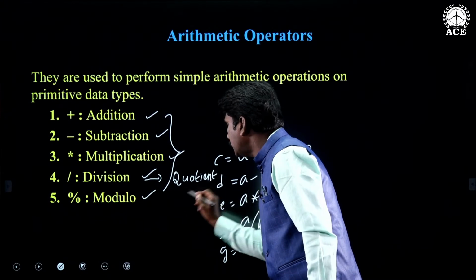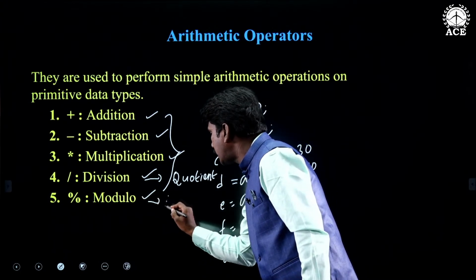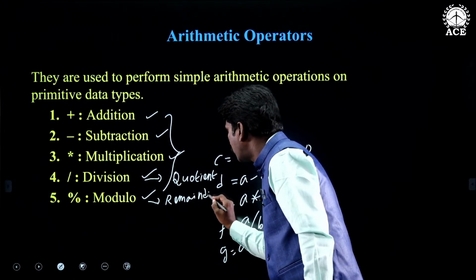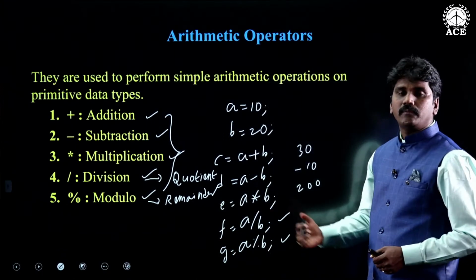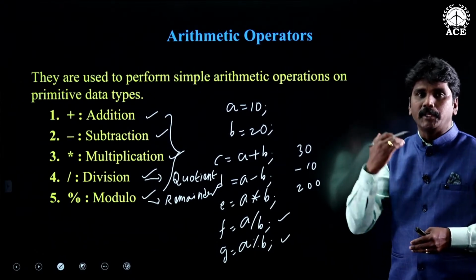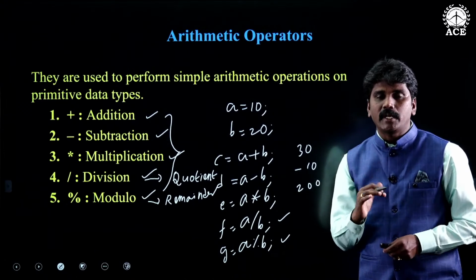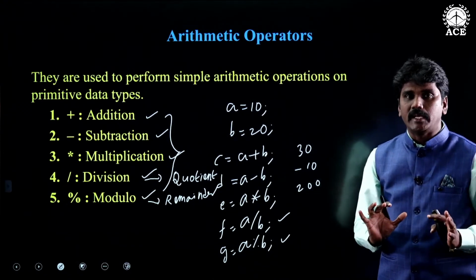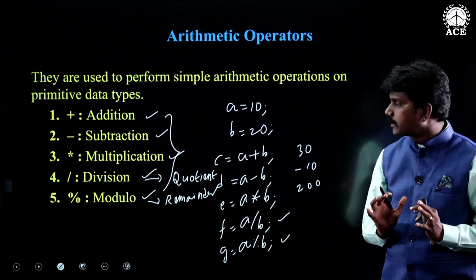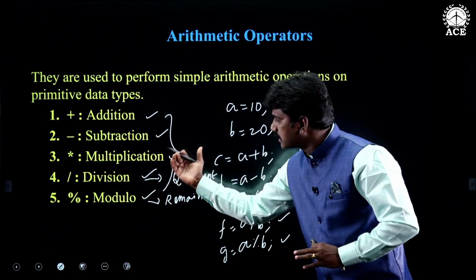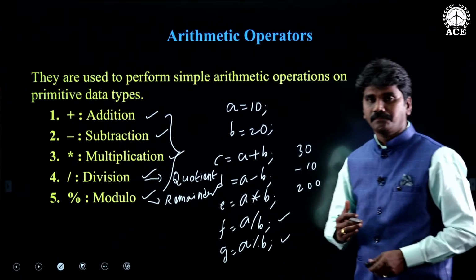If we perform the modulo operation, the result is the remainder. Like this, the arithmetic operations are performed. How many arithmetic operators do we have? 5 arithmetic operators: plus, minus, asterisk, slash and percent.